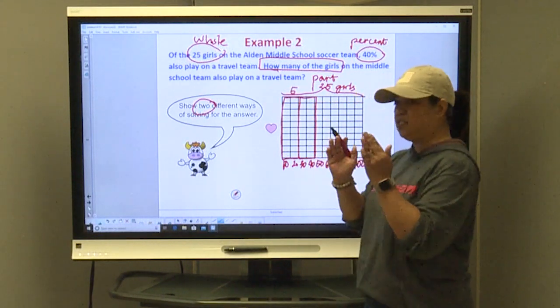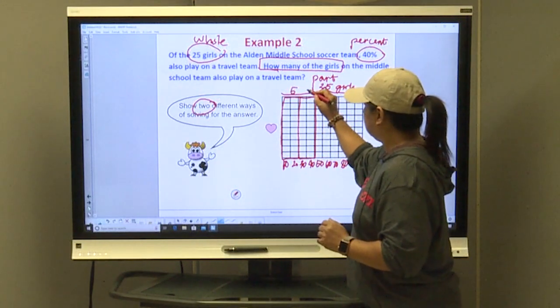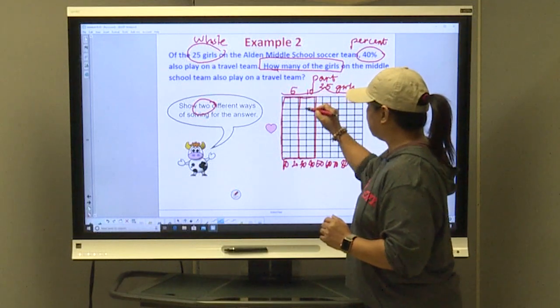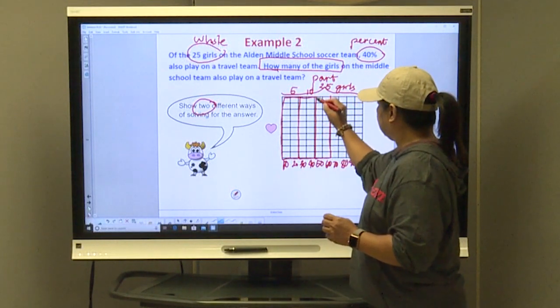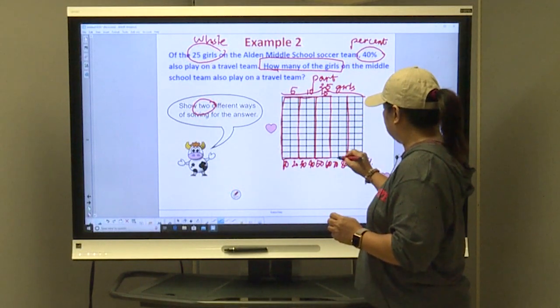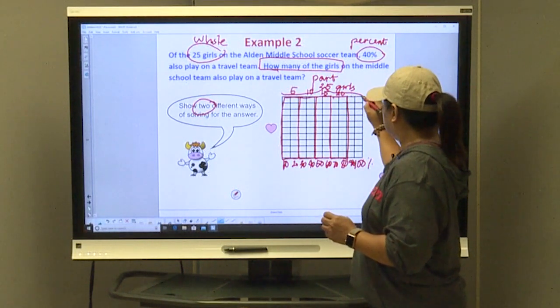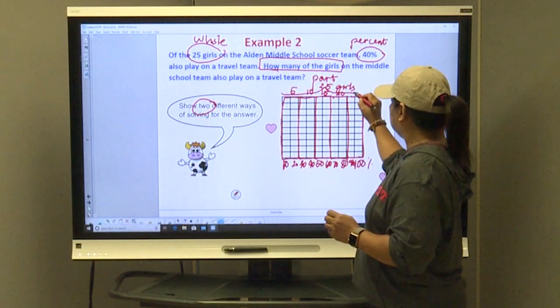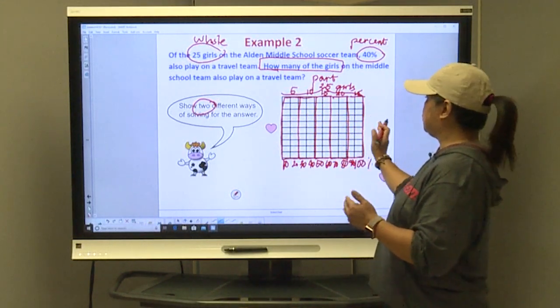They have to have the same size. This is another 5, so that makes it 10. Get another here, 15. Get another here, 20. And there you go, 25. So each of these is 5, 10, 15, 20, 25 girls.